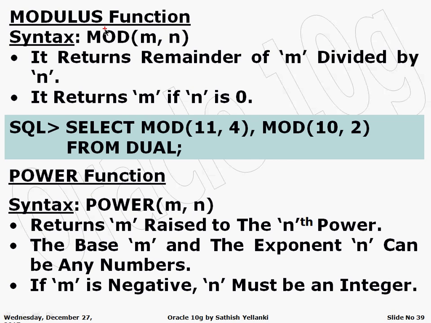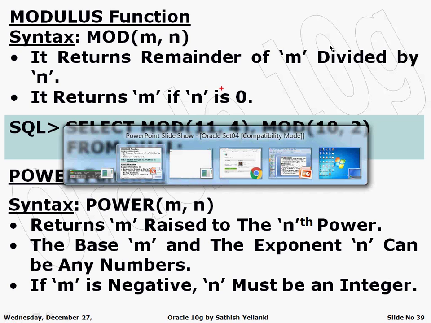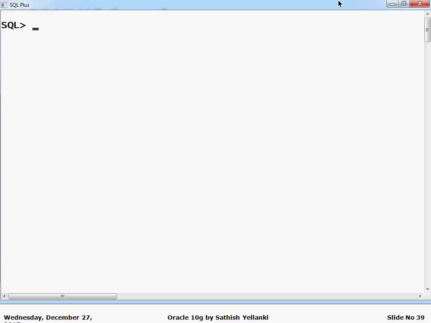When I want to see the quotient, I have my operator called division. When I want to see the remainder, I don't have an operator. Since it is not there, it is provided by a function. The modulus function takes two parameters and returns the remainder of that particular division.